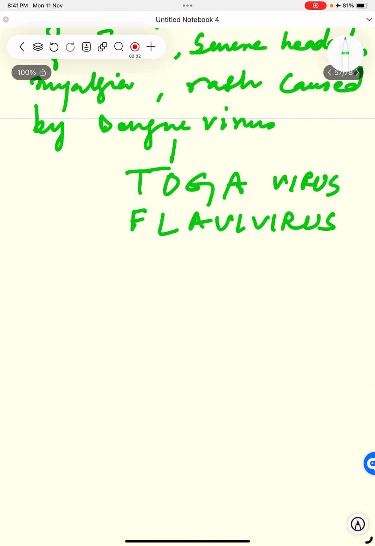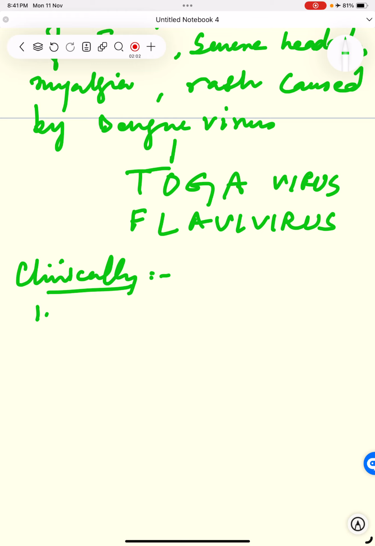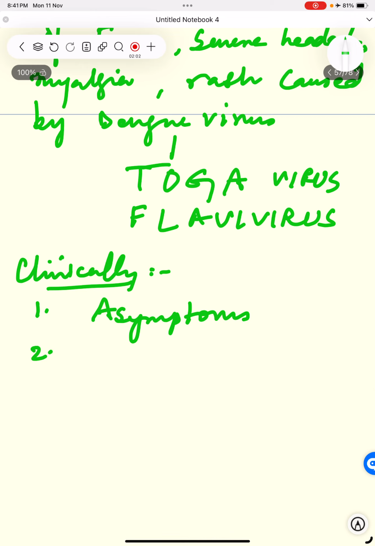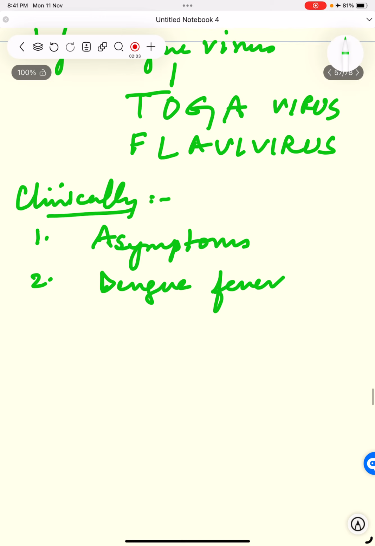So clinically the patients can come with various presentations. Some patients can actually have no symptoms at all, so they can be asymptomatic. Some patients can come with the classical symptoms of dengue.